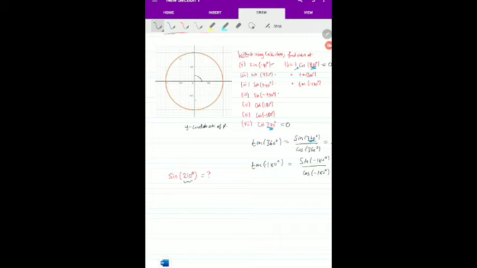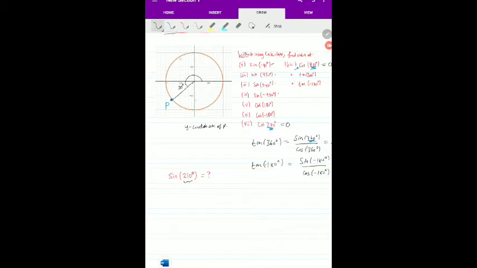So, again, starting from the positive x-axis, I turn anti-clockwise. This is 180 degrees, and so 210 is going to be this. So I've gone 180, and I have an excess amount of 30 degrees left over. This is your point P.